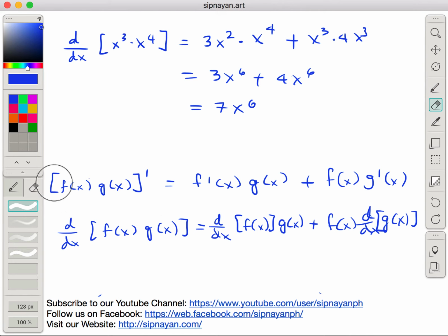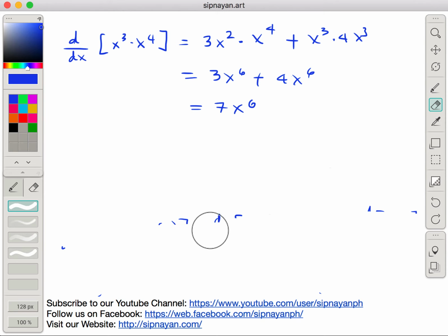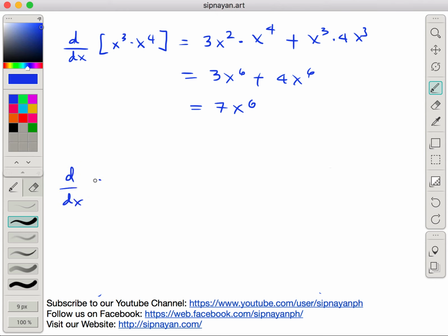Okay? So notice that if I get the derivative of x cubed times x to the fourth is the same as, is equal to x to the 7th, diba? So if I get the derivative of x to the 7th, I have, baba ko to 7, and then I have x, and then minus 1. 7x to the 6, diba?